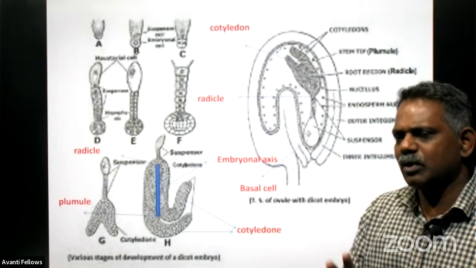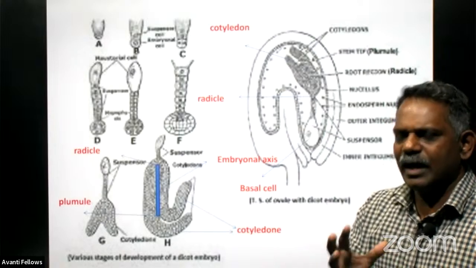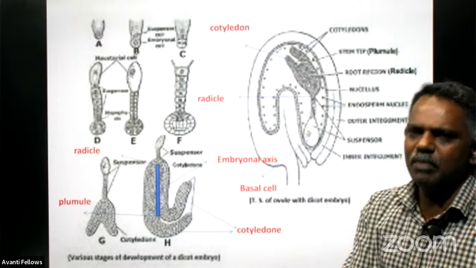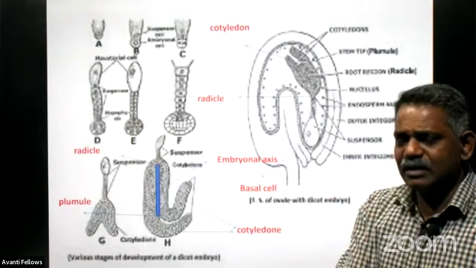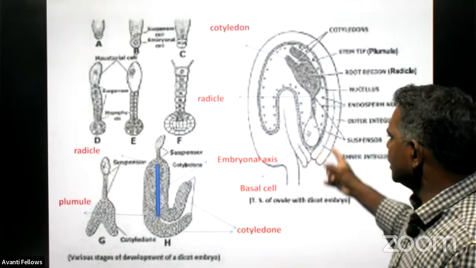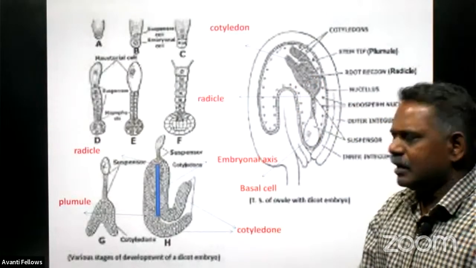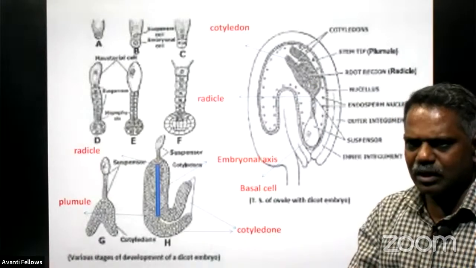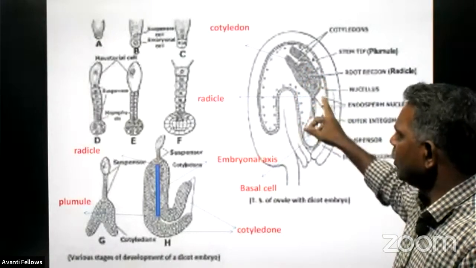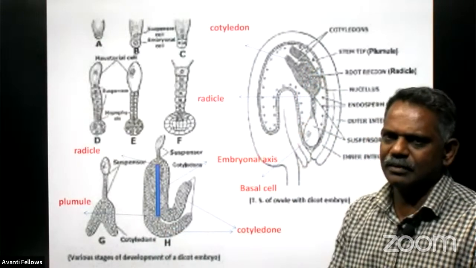Endosperm stores food used for the development of the zygote into the embryo, and it is made of triploid cells, whereas the cotyledon is made of diploid cells. It also stores food material, but the food stored in the cotyledon is for the development of this embryo into plantlets.